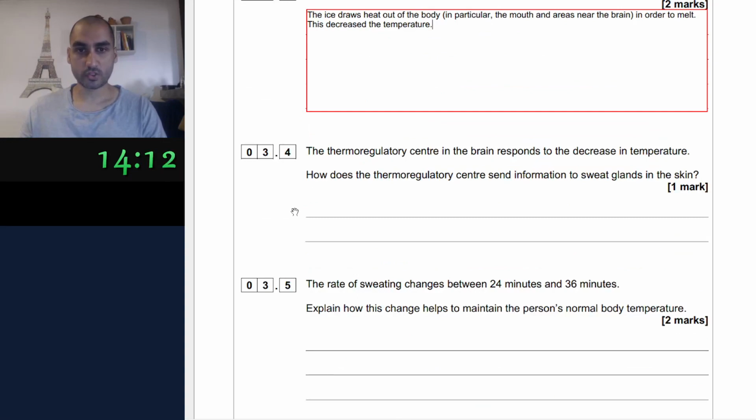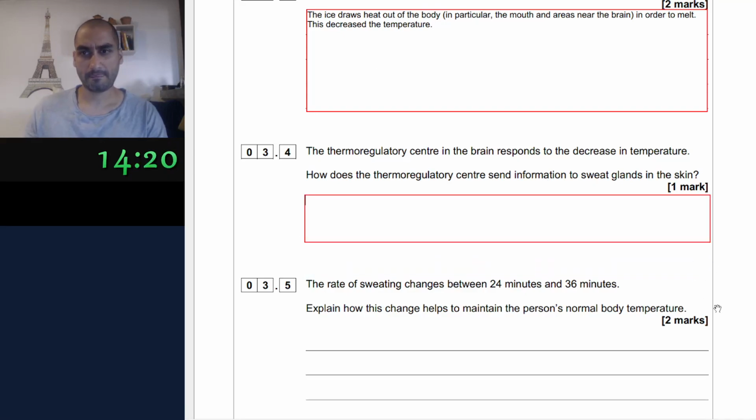How does the thermoregulatory centre send information to sweat glands in the skin? I don't know. I think it releases a hormone. What is it, ADP or something like that?